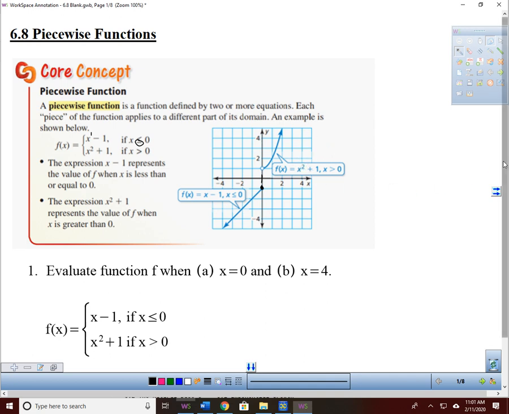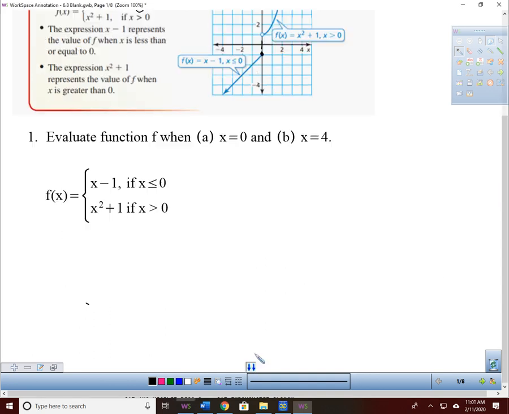Okay? So we're going to evaluate a couple of x values. It says evaluate function f when a, x is equal to 0, and b, x is equal to 4. So I have to pay attention to which piece I'm looking at. So this is telling me which part I'm supposed to be paying attention to. All right? So I look at this, x is 0. Well, I know that x minus 1 is the function if x is less than or equal to 0.